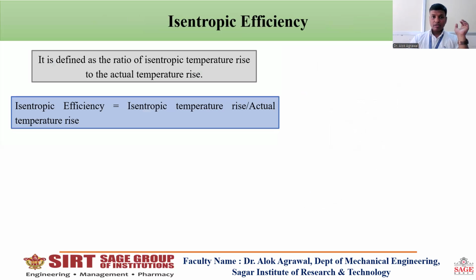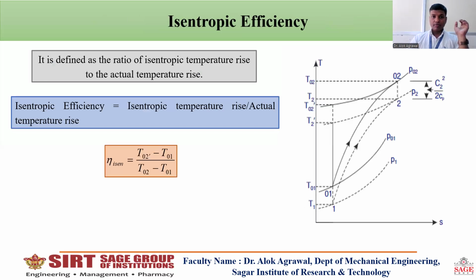Now let us see what isentropic efficiency is. It is defined as the ratio of isentropic temperature rise to the actual temperature rise. It can be seen from the graph what the actual and isentropic temperature rises are. If we consider the entropy constant and start from the stagnation temperature T01, it will move to the isentropic stagnation temperature T02 dash.